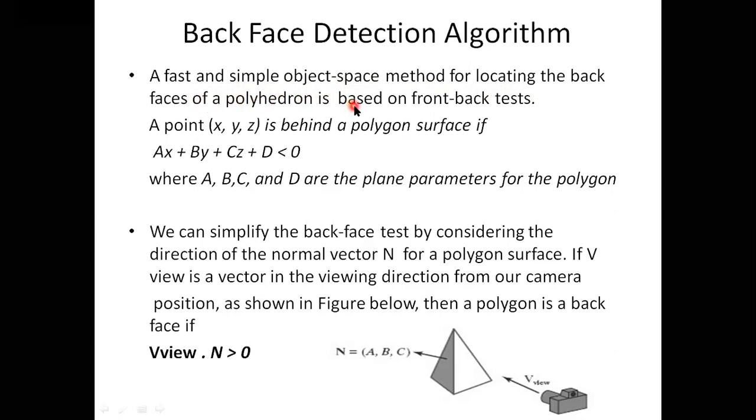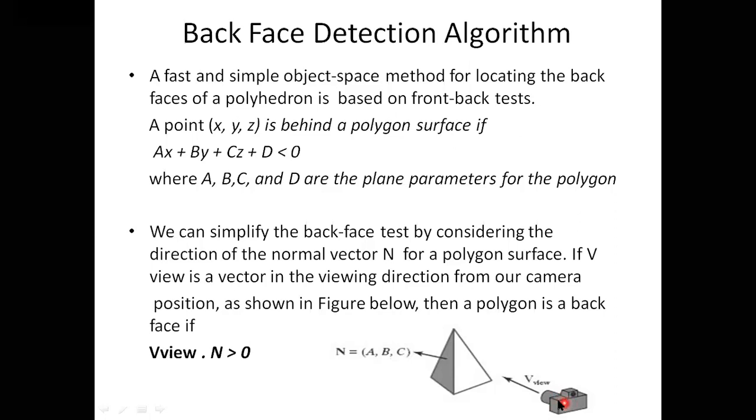Now I will tell you what logic this back face detection method uses to detect whether a face is a front face or a back face. Consider this is my object, and this is my camera, which means the viewer.